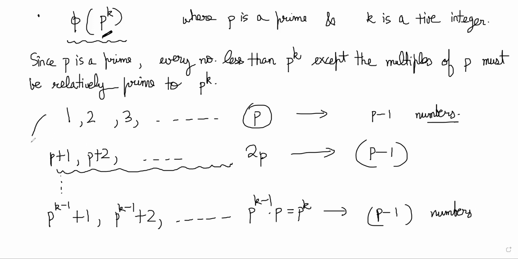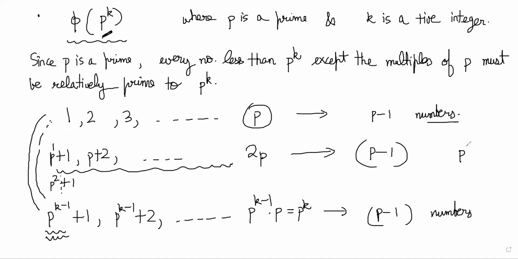So you have rows of numbers. Actually, we have p power k minus 1 sets of such numbers. From 1, then you went to p plus 1, then you went to p power 2 plus 1, and finally you went to p power k minus 1 plus 1. So how many rows are there?